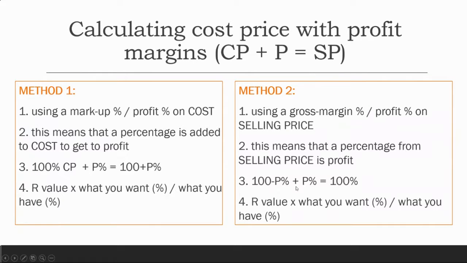I would want to know what the profit is, but I wouldn't know it, so I would have to take the profit over the selling price to get to that percentage. But I'll show you a little later how we work it out. This is the theory behind it.